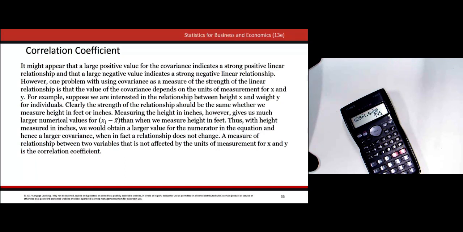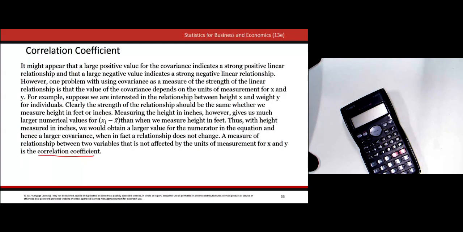So a measure of relationship shouldn't be affected by the units of the measurement. So then we have another measure of relationship between two variables which is not affected by the units of the measurements, which is the correlation coefficient. Correlation coefficient is unitless, it's not affected by the units.